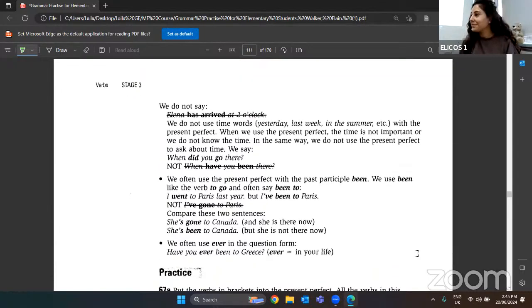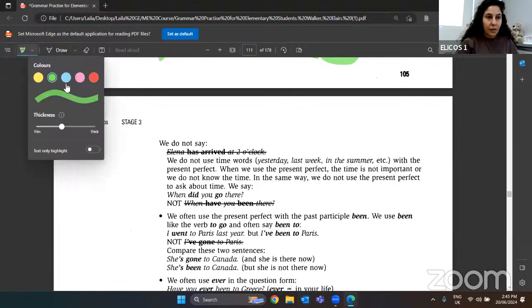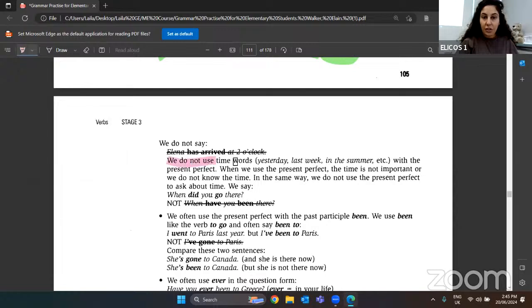Two sentences, one with past simple. This one is the past simple, yes? And the one above it is the present perfect. So you've got two of them, we're comparing them. So just so you know, it says here, we do not use time words.